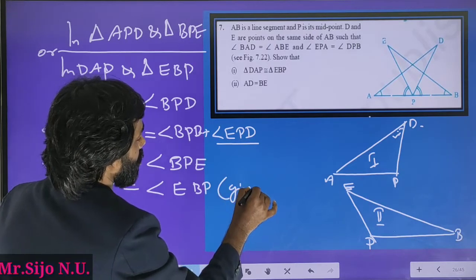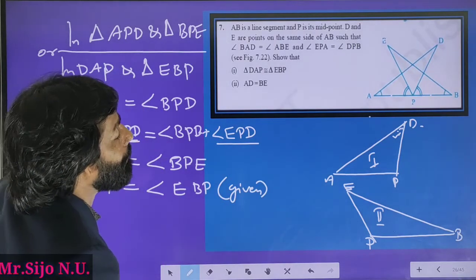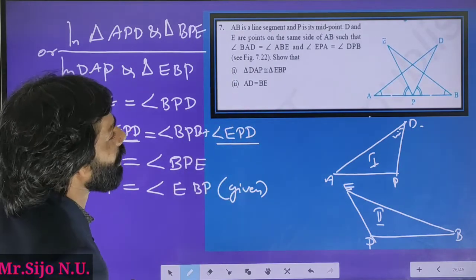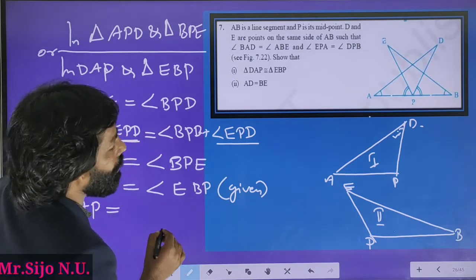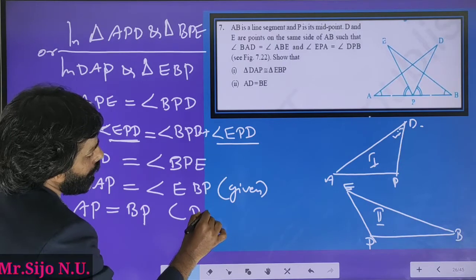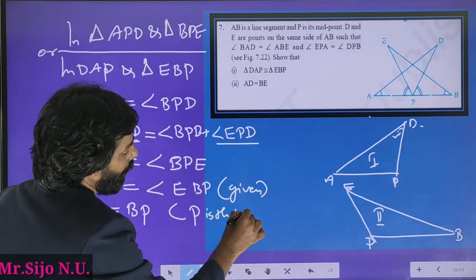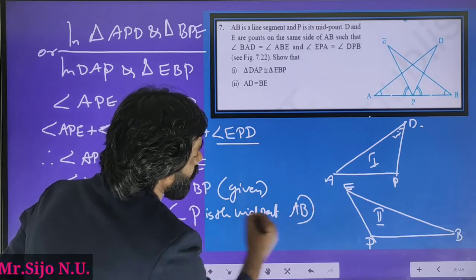Yes, it is given. Now we know that P is the midpoint, they have given. So we can write AP equal to BP. What is the reason? The reason is P is the midpoint of AB, or it is given, we can say.